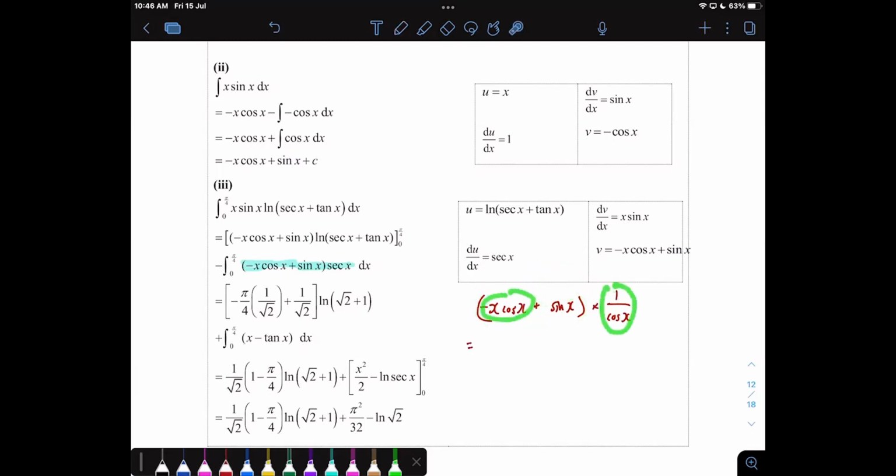Negative x plus sine x over cosine x, which is tangent x. So now you've got two separate terms, and all you need to do is integrate this. Is that easier? Yeah. You don't need to use integration by parts. This is a very tricky question. Okay, then for the first part here, do you understand how you got this expression?